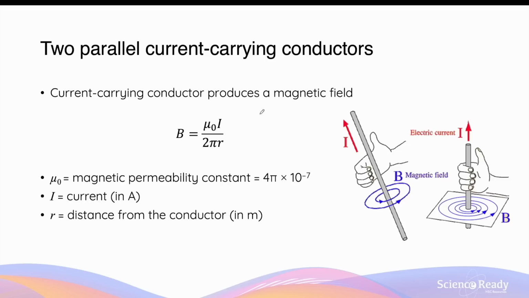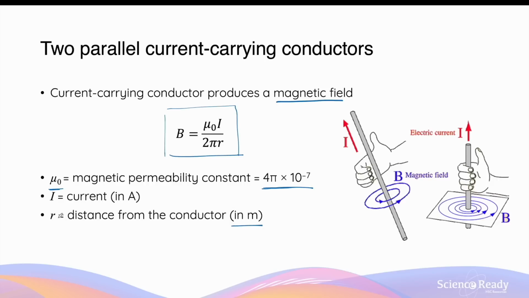By way of review, in electromagnetism, a current carrying conductor will produce its own magnetic field, which is a radial one surrounding the straight conductor. The magnitude of this magnetic field can be easily calculated by the following equation: B = mu naught times I over 2 pi r, where mu naught is the magnetic permeability constant defined by the following value, I is the current traveling through the conductor, and r is the distance at which you're measuring the strength of the field from the conductor in meters.